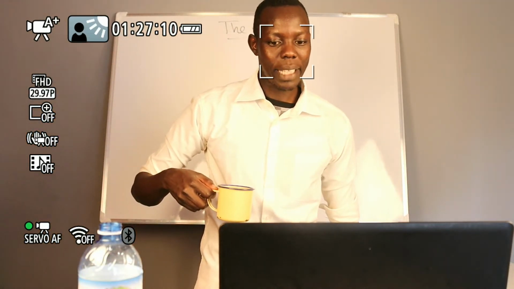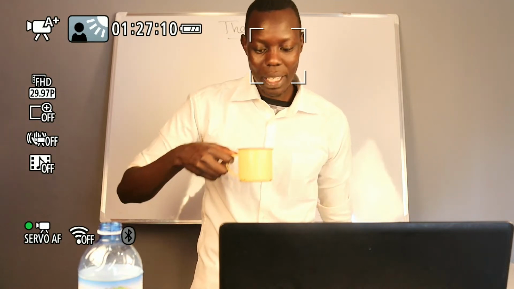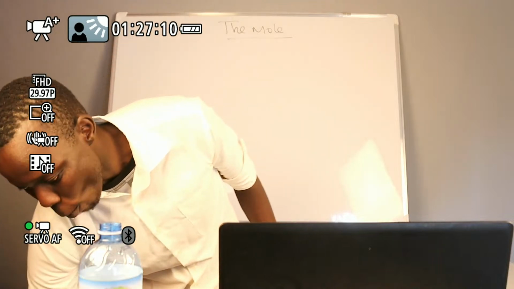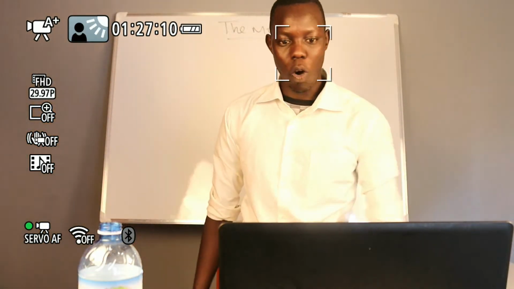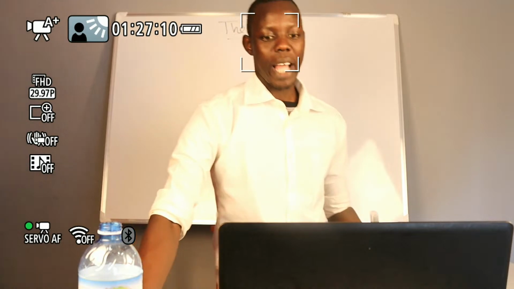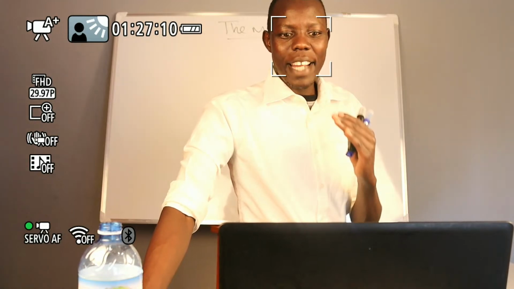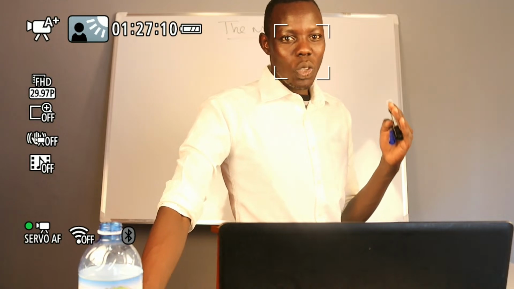Can you define for me the term mole? Just type there what the mole is. But anyway, because of time, you will allow me to define for you the term mole. The mole is defined as amount of substance that contains Avogadro's number of particles.